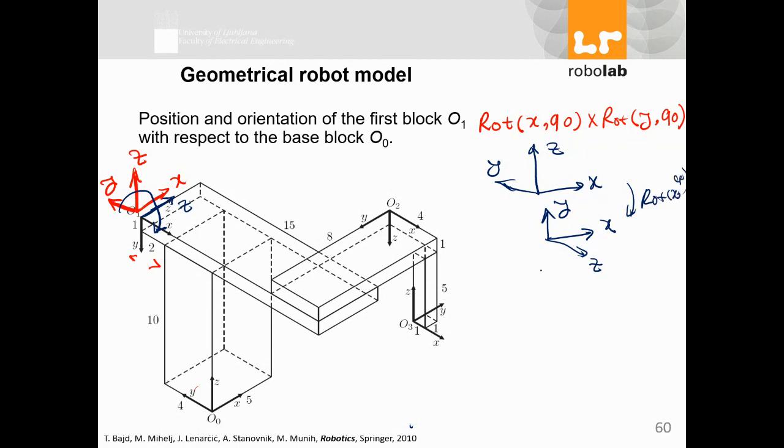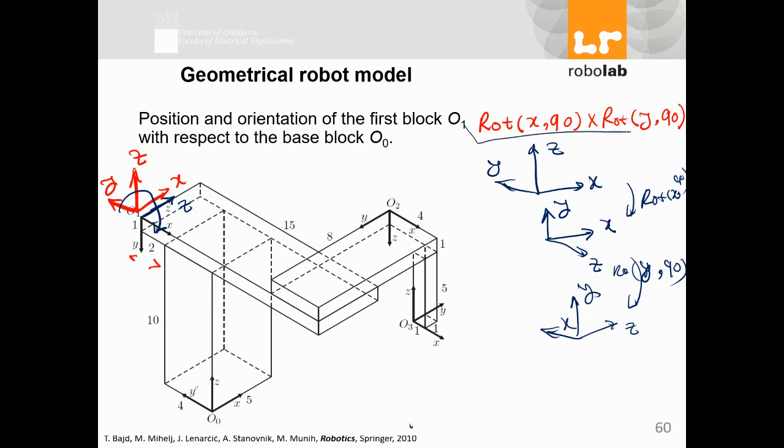And then if I do another rotation around Y by 90 degrees, what I get is, again, counterclockwise, X, Z, Y, which is not this.